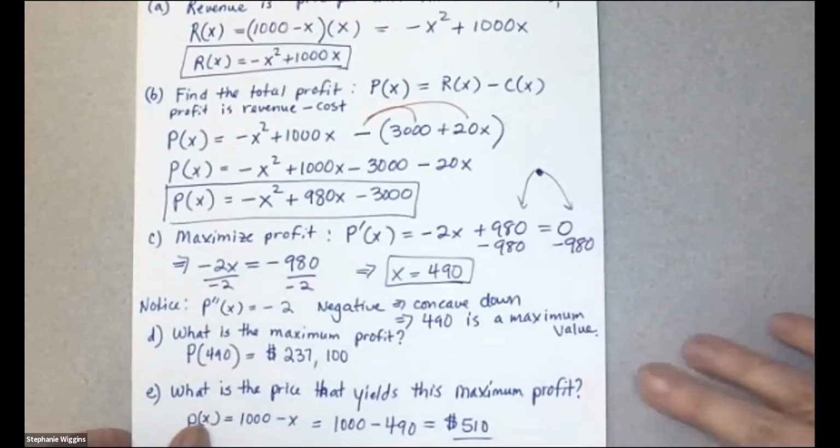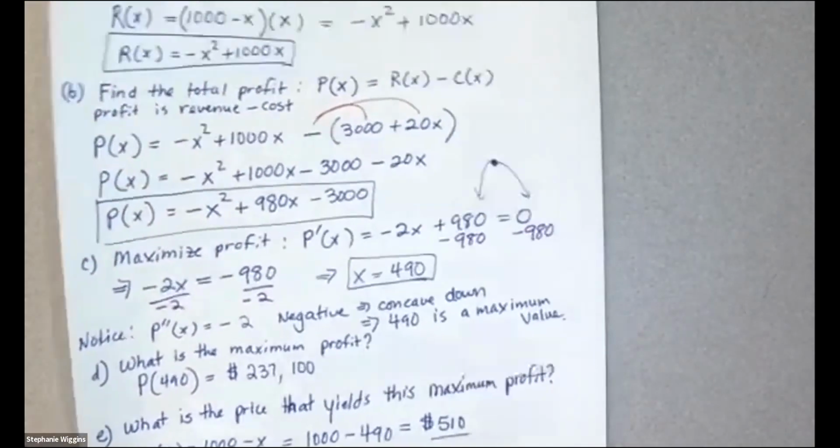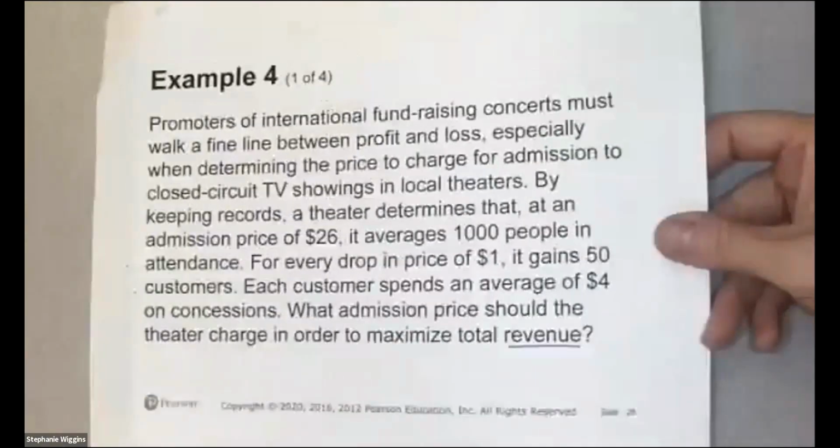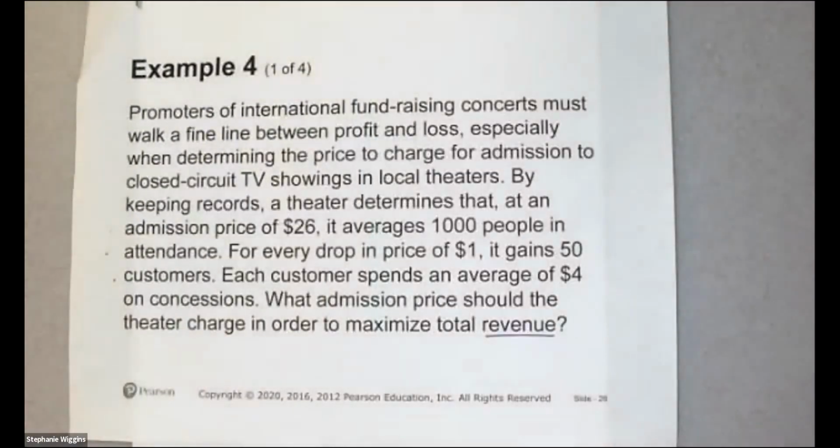So I'm going to skip example 3 and move on to example 4, where promoters of international fundraising concerts must walk a fine line between profit and loss, especially when determining the price to charge for admission to closed-circuit TV showings in local theaters.